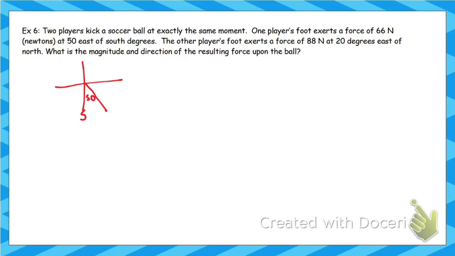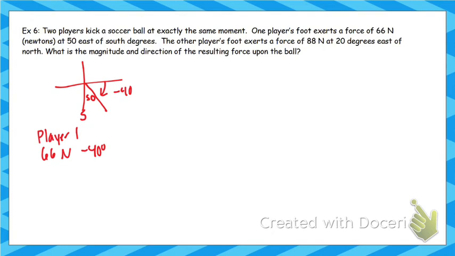So if I start at 0 and I go around, I would do 180 plus 50, or I could start at 0 and go negative 40, whichever way you want to do it. I'll just use negative 40 because that's faster.